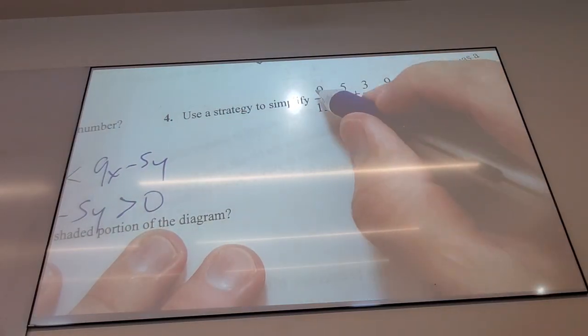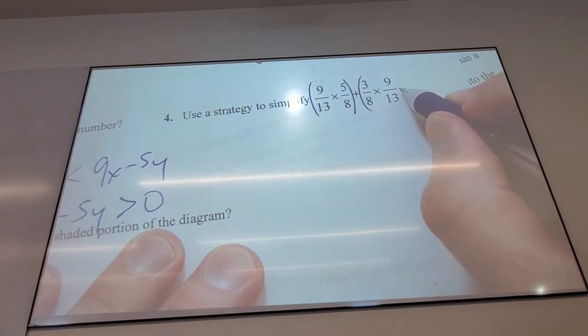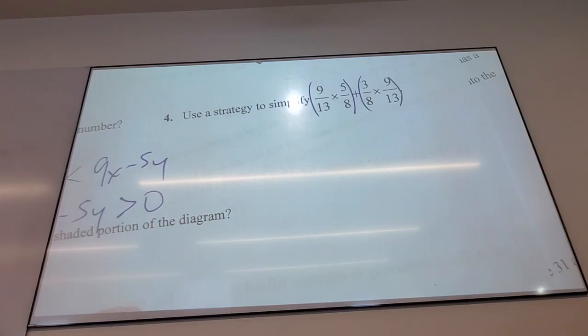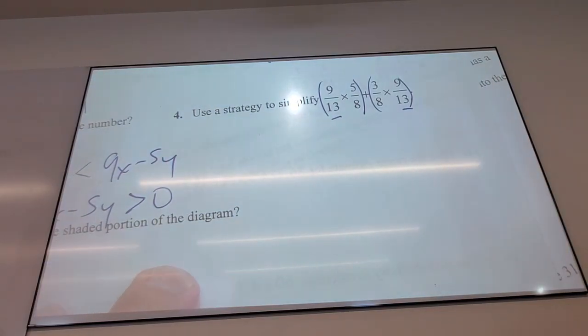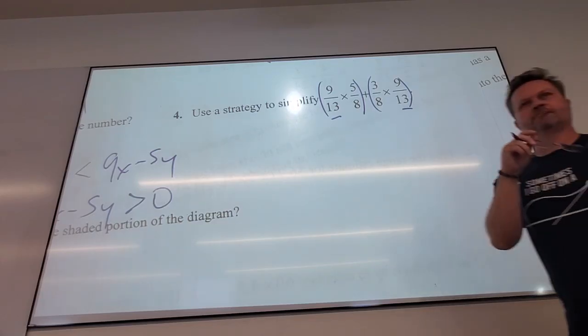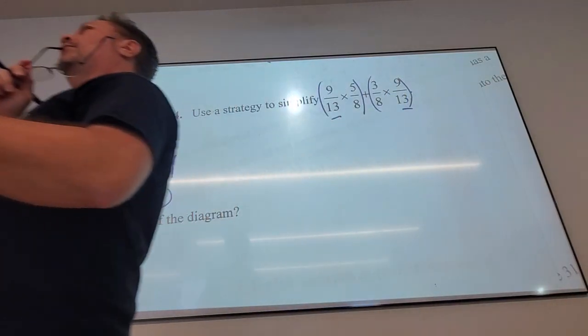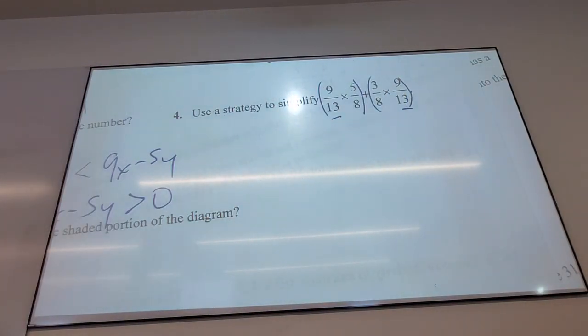Okay, sure. That doesn't really change anything, but yeah. And then I did the parentheses first. So the first one is 45. Oh no. Okay, no. I'm sorry, Sean. You're fine. What I really want to have happen here is I want you to be able to do this in your head. Use the strategy.